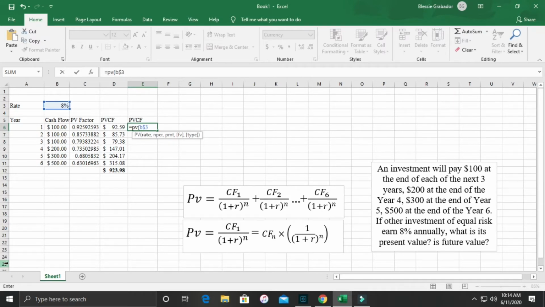So the rate is 8%, then the number of periods is the year, comma, then the payment will be 0, since we are computing the cash flow each year, and since the cash flow is different, the future value is different, so you have to put 0. Then for the future value, we have here the 100.